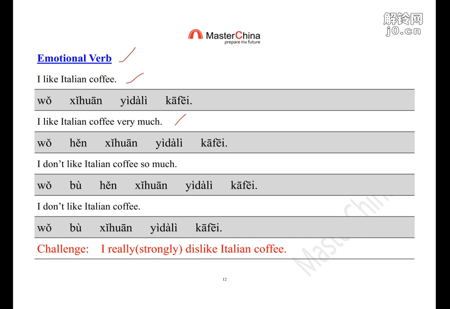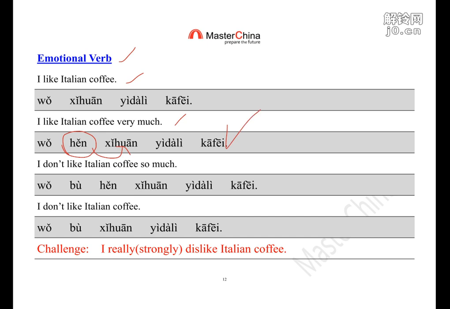But that's a very important principle to organize the words. So if you say I like Italian coffee, you already know it. 我喜欢意大利咖啡, easy. And then I said very much is for like. That's why I put the 很 before like, not at the end.